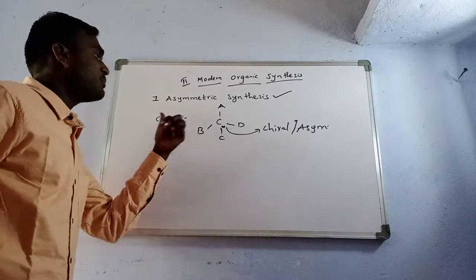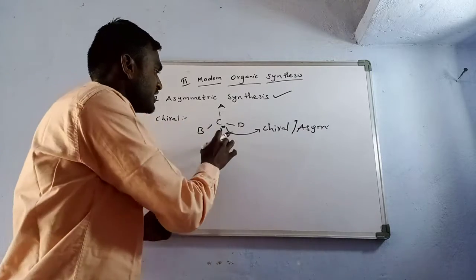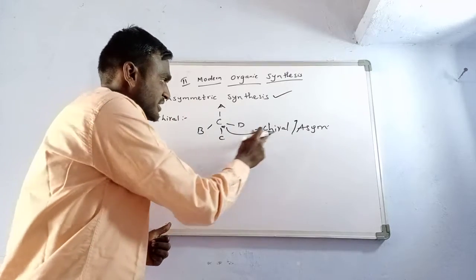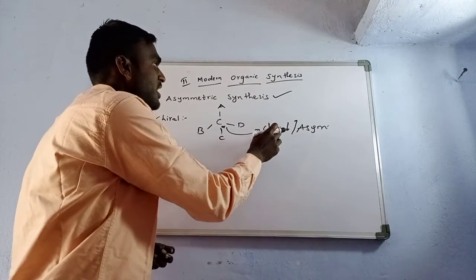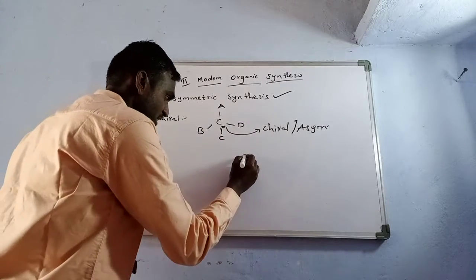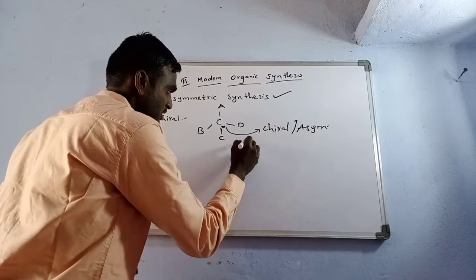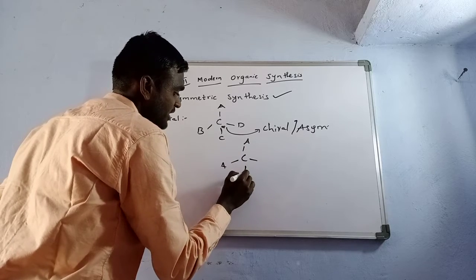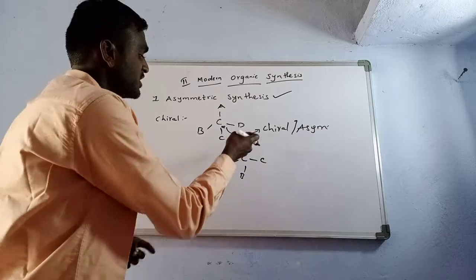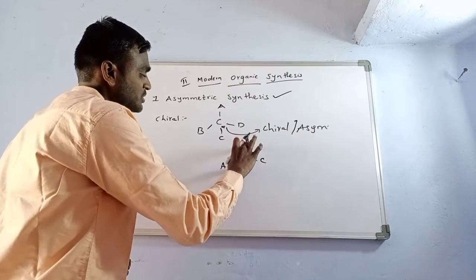The carbon which is attached to four different groups is called chiral carbon, and the center is known as the chiral center or asymmetric center. If you take this example, it is not a chiral molecule. Why? Because the carbon is attached to two similar groups.